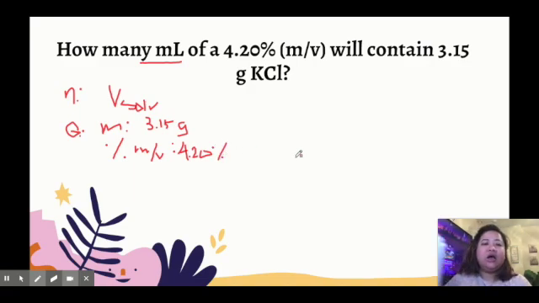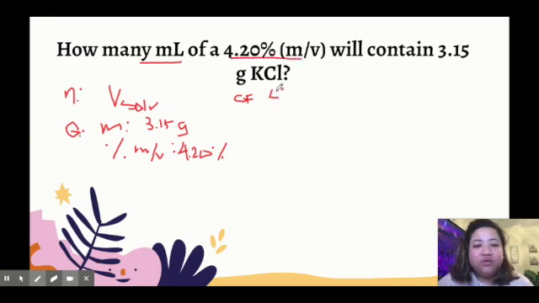So what is the next thing that we're going to do? We are going to get the conversion factor. Like what I've told you, we need a conversion factor here since they are of different quantities. What is the conversion factor that we're going to use? Since this is our percent mass per volume, we're going to use that.